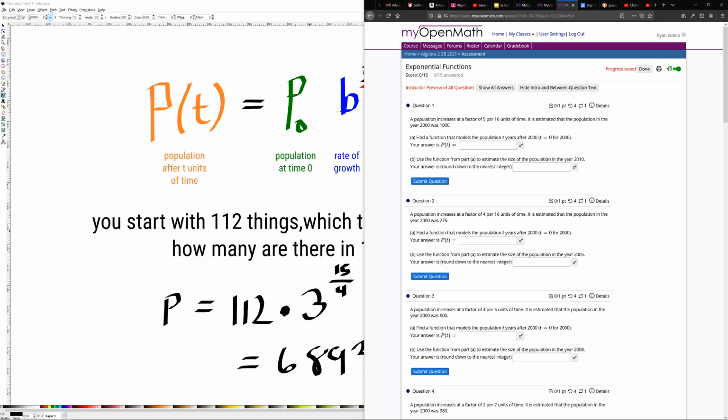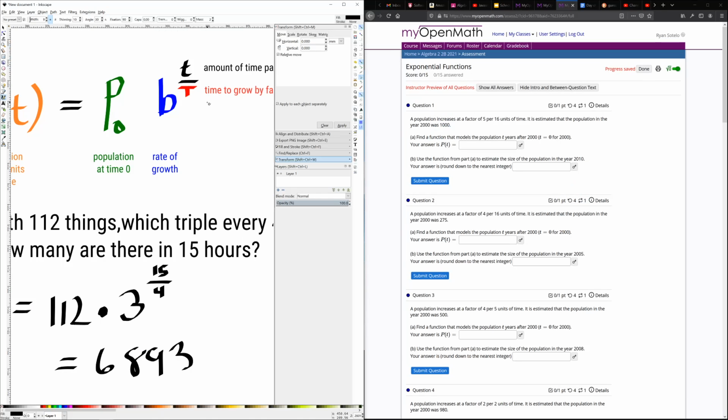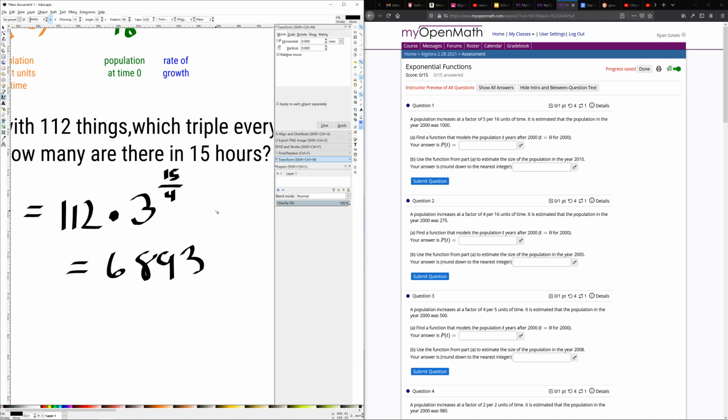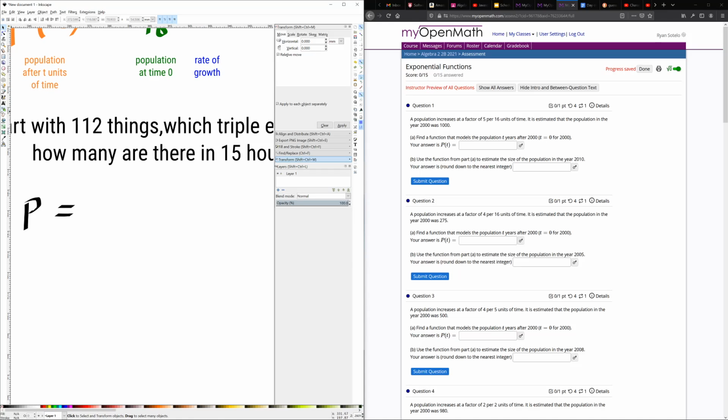Okay, so I have a population which increases by a factor of 5 per 16 units of time. So my factor is 5. I'll start this again. I now have a different question.